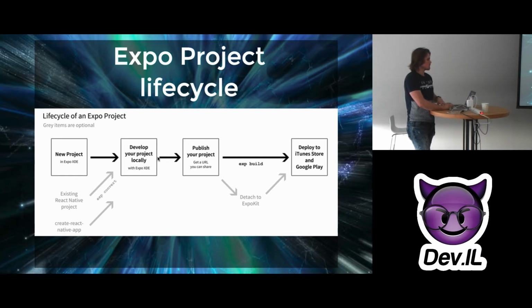And then you develop a project locally with the XDE. You can publish it to some URL to share on your device, as I said, a mobile client, or you can share with people and stuff like that. And then in your Create React Native App, you can always detach from Create React Native App.